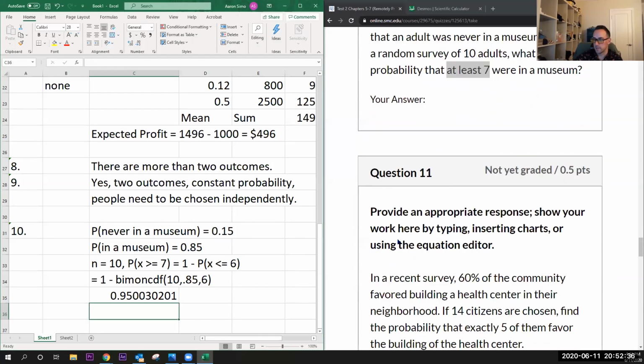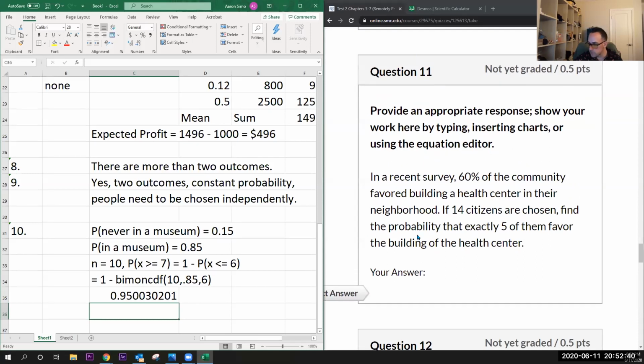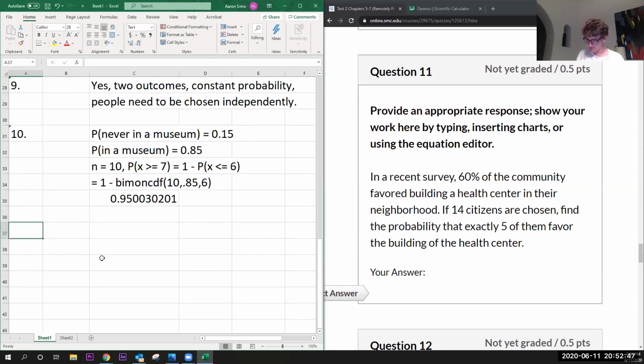So what else? 11? Do you want to read it? In a recent survey, 60% of the community favored building a health center in their neighborhood. If 14 citizens are chosen, find the probability that exactly 5 of them favored the building of the health center.